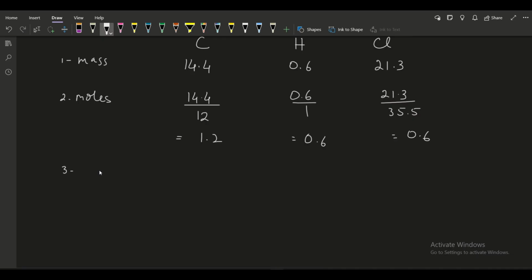Next, what do we have to do? We have to find out the simplest ratio, or you can call it the mole ratio, by dividing with the smallest number, and the smallest number is 0.6. So divide all these three with 0.6.